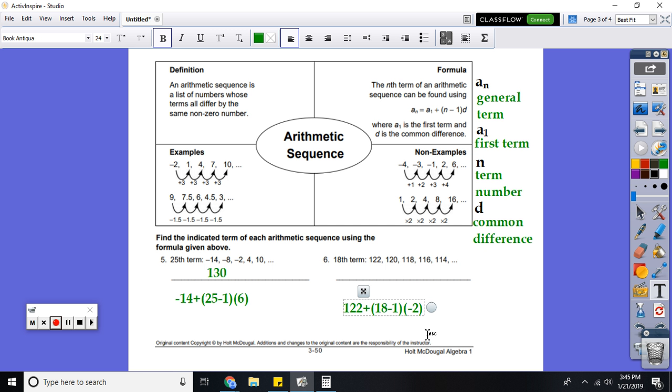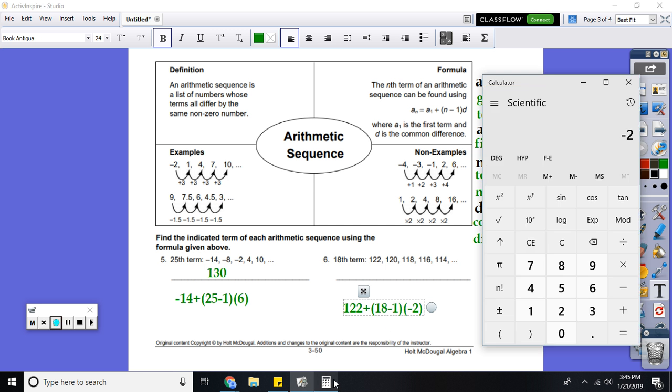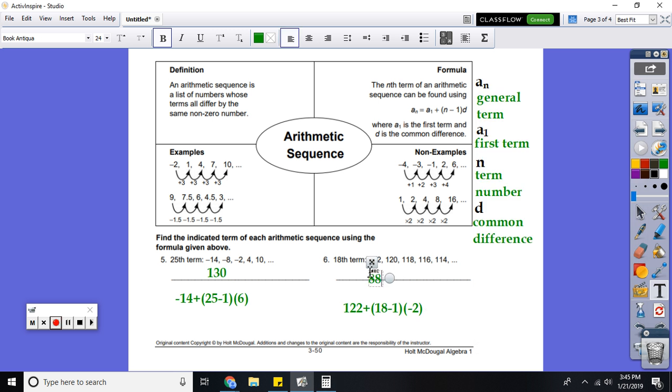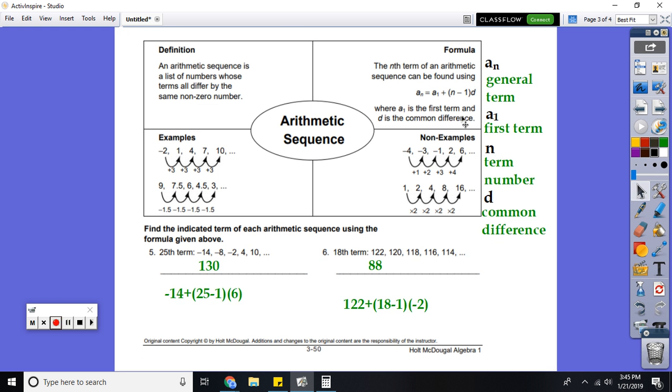So 18 minus 1, that'd be 17. 17 times negative 2 is negative 34. Add that to 122, and I have my term, 88. 18th term. So once you get used to the notation, what all these symbols mean, it's very quick.